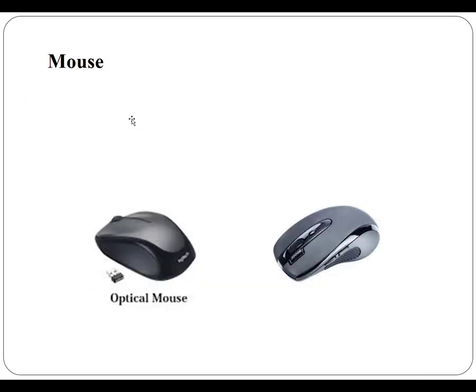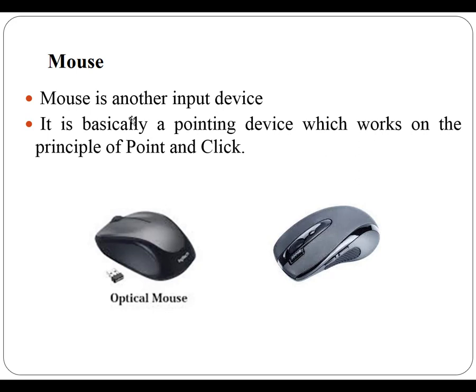Mouse. Mouse is another input device which is commonly found connected with the computer. It is basically a pointing device which works on the principle of point and click. The mouse is used in Windows-based program, where the user can run the commands by pointing the object with the help of pointer and clicking the buttons on the mouse.